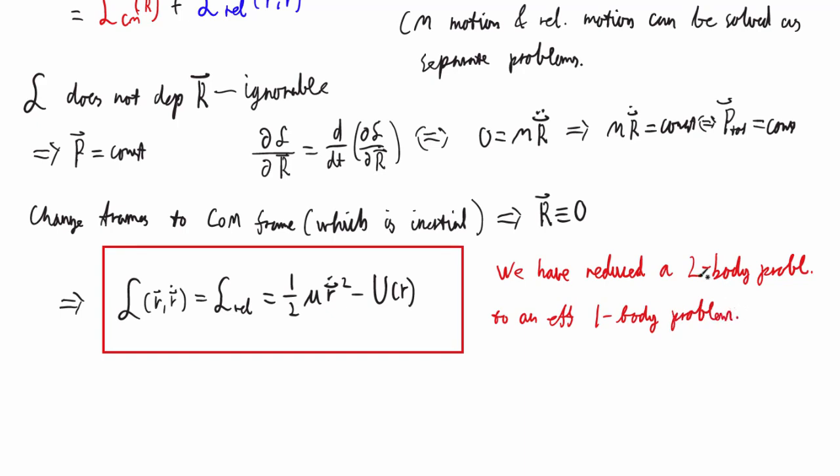And this is what makes this possible to solve, actually. In the next video, we're going to continue looking at this Lagrangian and find out some more of its properties.